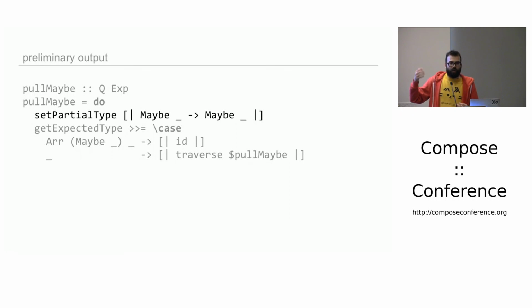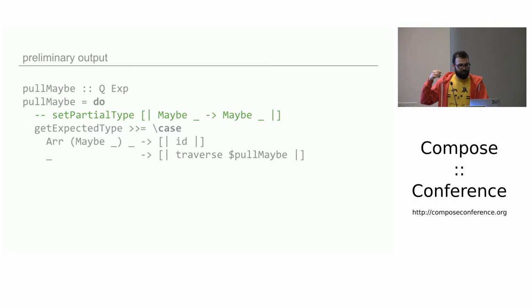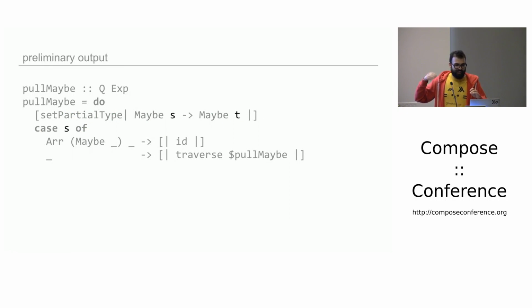So what I am proposing is a different API where instead of having two separate functions, set partial type and get expected type, there would be a single operation, set partial type, and that is the way in which you will bind variables representing types that you will then pattern match on.